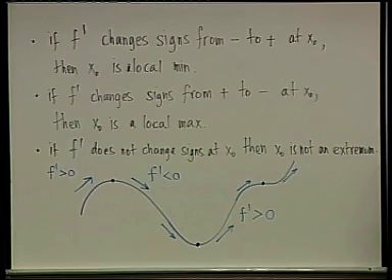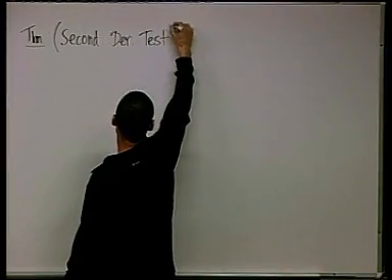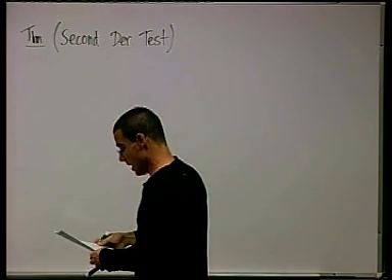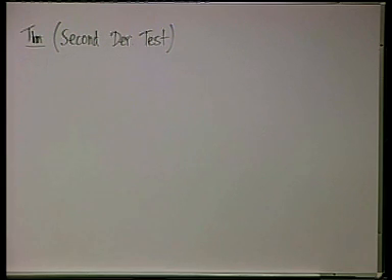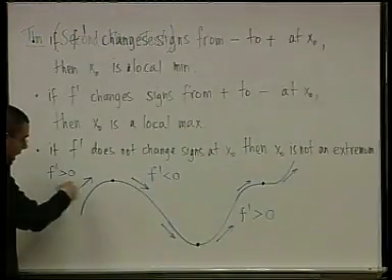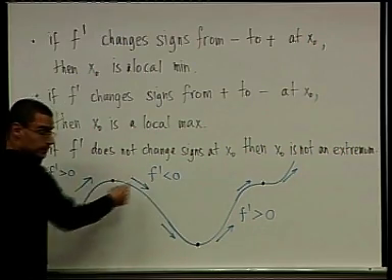second derivative test, is slightly different. So the intuition, maybe let's look at this board again. The intuition for the second derivative test is the following. Suppose you have your f prime, and it changes from plus to minus.